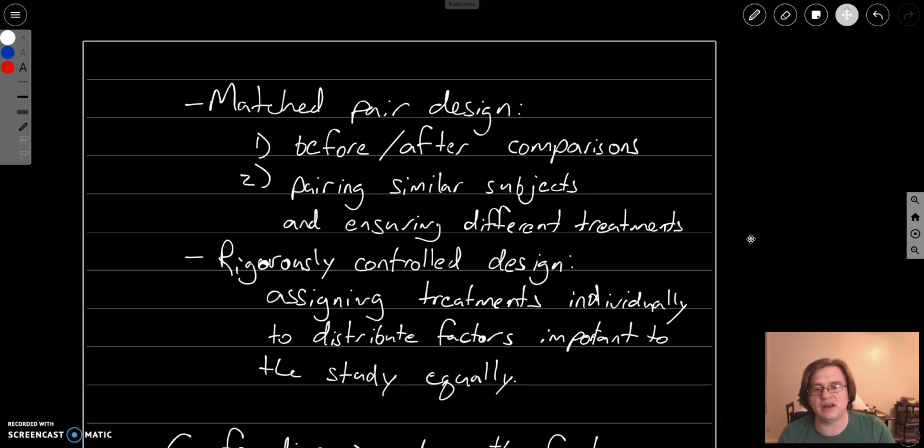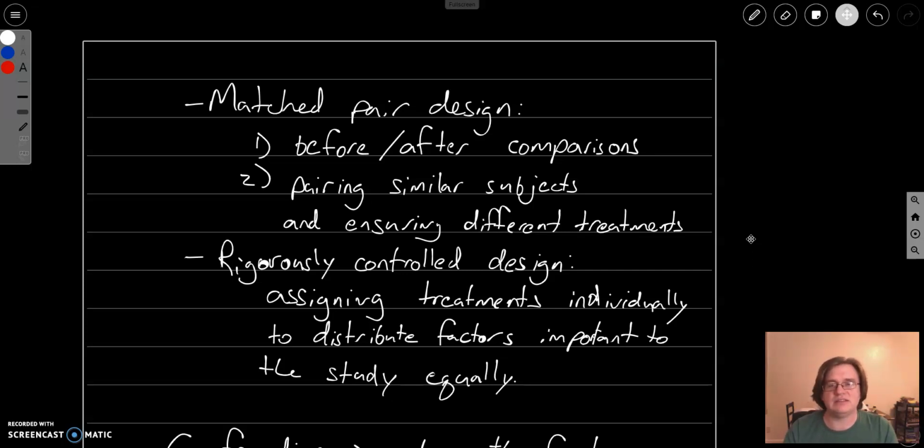Or you can pair similar subjects. Say we're looking at medicine's effect on some health issue. One thing we can do is go through our sample and pair up individual people that are roughly the same age, have the same backgrounds, and the same external factors like smoking or an active lifestyle.